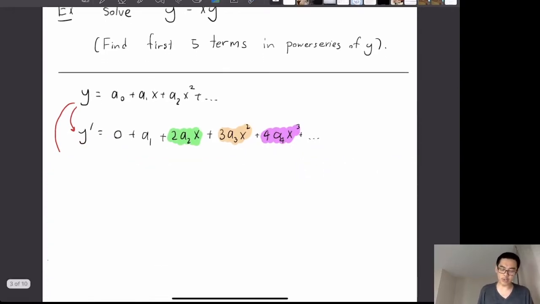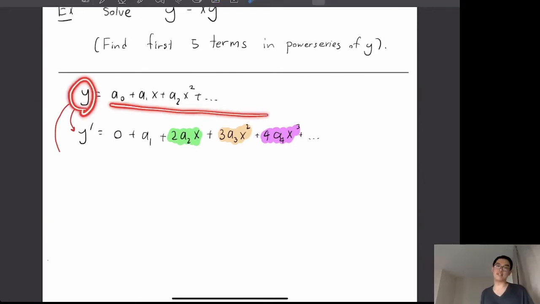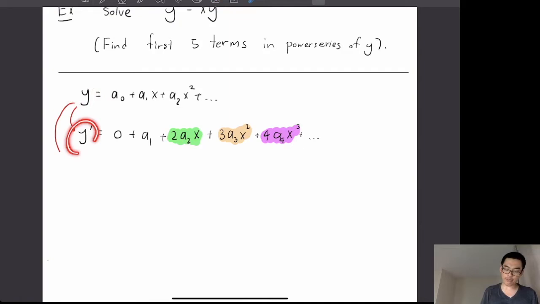The second line says, oh, if you know that y looks like this, then y prime, you just differentiate the top line. a0 becomes 0, right? Because that's a constant. a1x, x becomes 1, so that's good. a2x squared becomes 2x, so that's good. And then imagine the next term is going to be a3x cubed, x cubed becomes 3x squared with the a3, and so on and so forth like this.